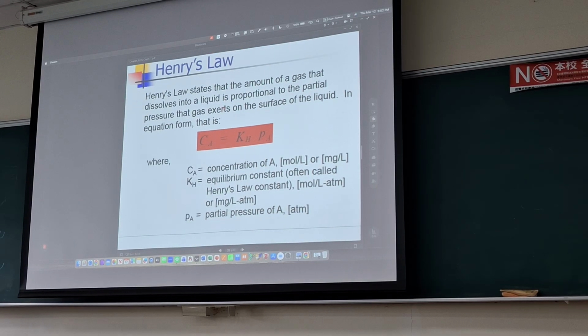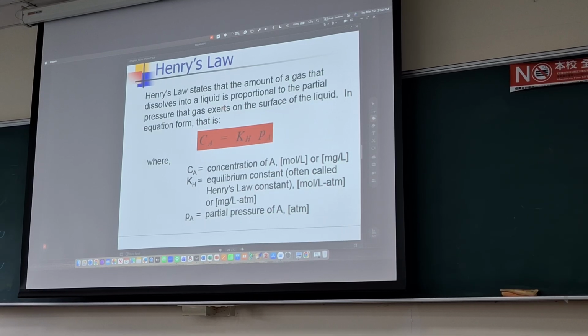Okay? So the next one is Henry's law. Henry's law is super important. Okay, Henry's law is super important in chemical engineering, in unit operations, right? So what does Henry's law mean?